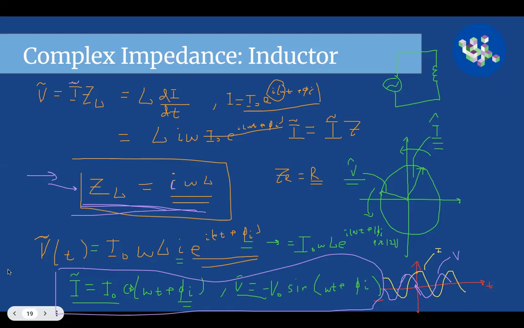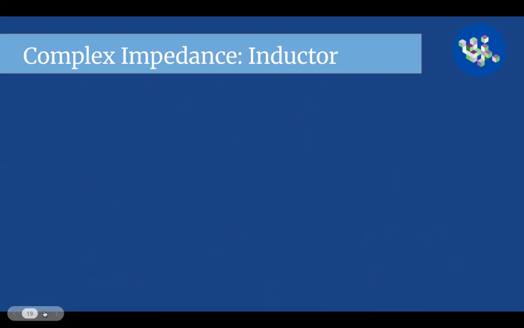If not, let's go on to finding the complex impedance of a capacitor, which will be slightly more complicated, but a very similar idea. So, capacitor. Now we're considering when we have our AC source, and then we have the capacitor over here.